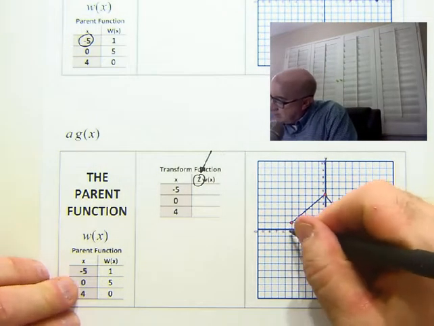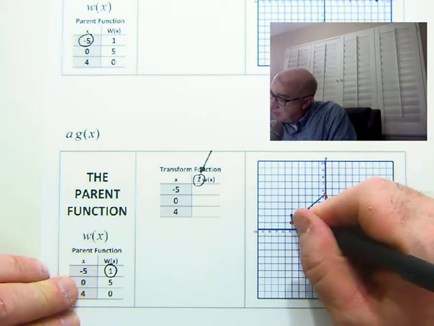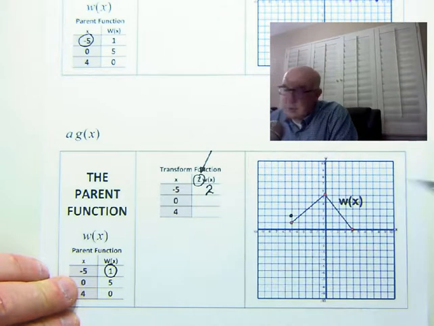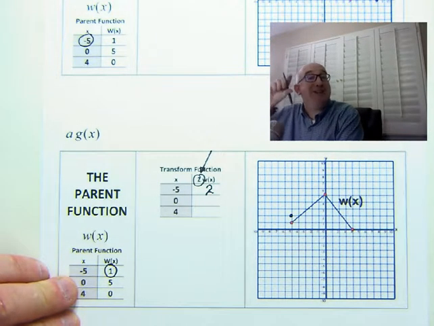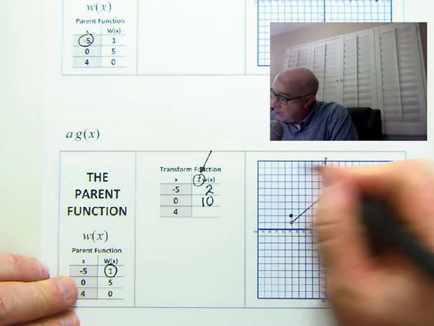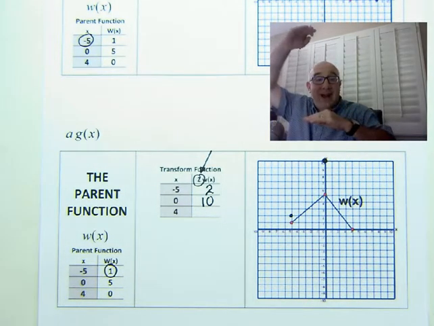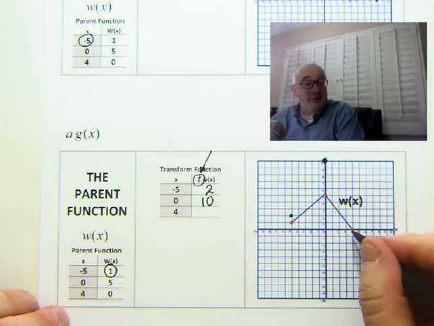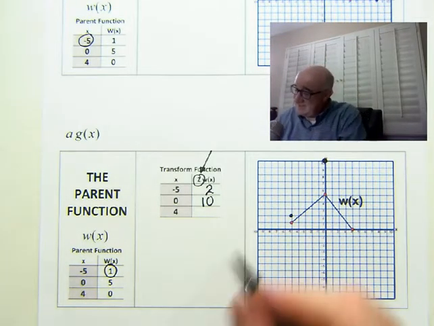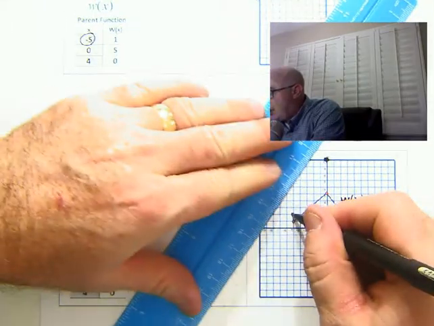So if you look here, we are 1 away from the x-axis. So if you double that, we would be at 2. We didn't move it up 1, we doubled it. And here at 0 and 5, if you double that, you get 0 and 10. 5 doubled is 10. And this other one is 0 doubled, which is still 0. So it does a dilation of 2.